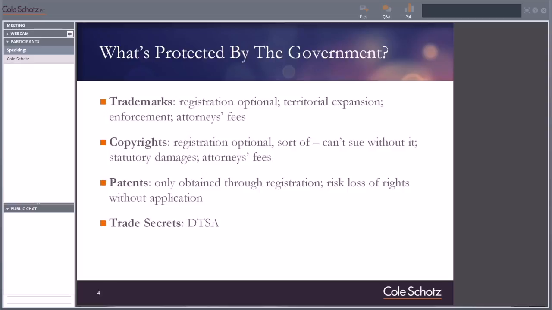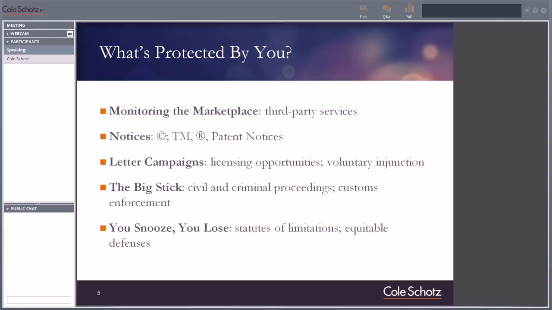There has been state law protection for a long time, but more recently there is a federal act, the Defend Trade Secrets Act, that was enacted and now provides an additional layer of protection for you to go into court and seek redress if someone has stolen your trade secret.